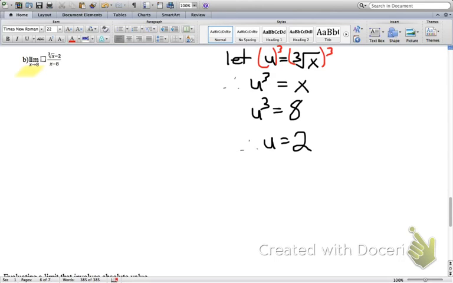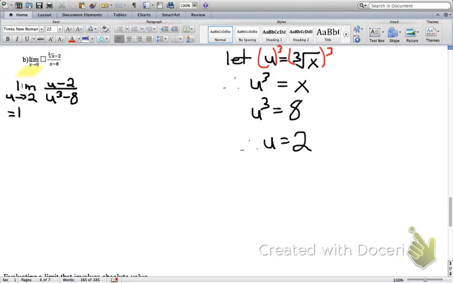So we now are going to replace our x's with our u values. So we're going to be looking at the limit of u minus 2 all over u cubed minus 8 as u approaches 2.